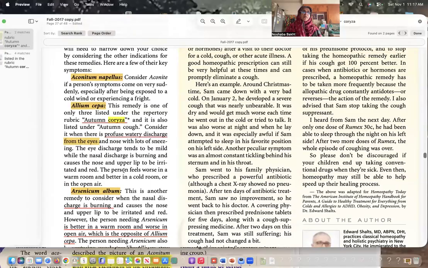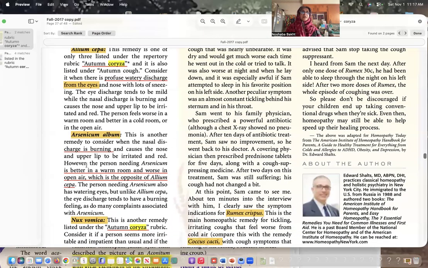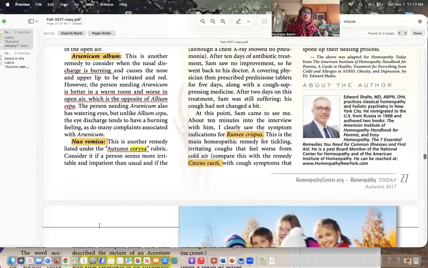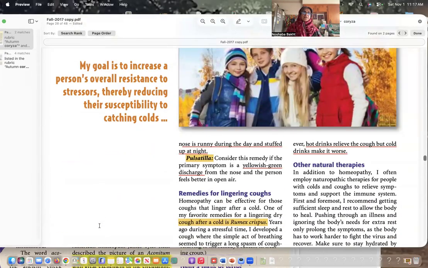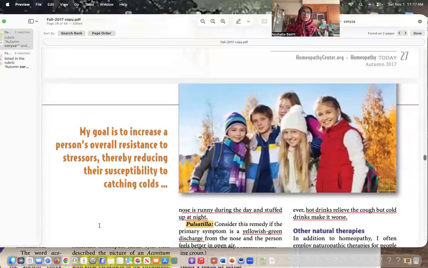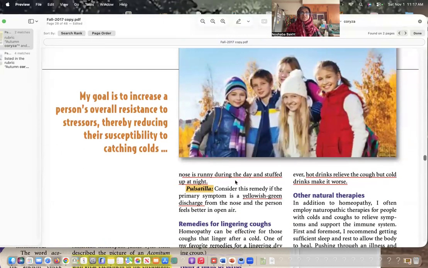Arsenicum album is a remedy when the nasal discharge is burning and the person is very, very chilly, better in a warm room and worse in open air, which is opposite to allium cepa. Nux vomica, again coryza, but the nose is runny during the day and stuffed at night. And pulsatilla, the important thing is that the discharge is yellowish green in color.